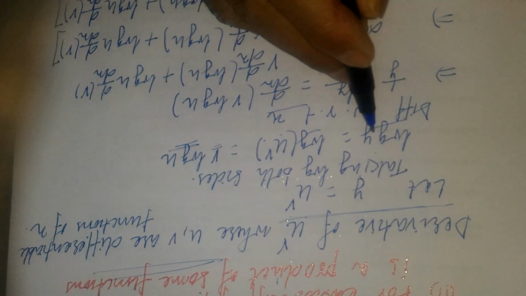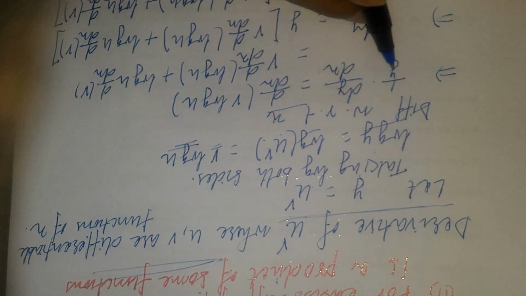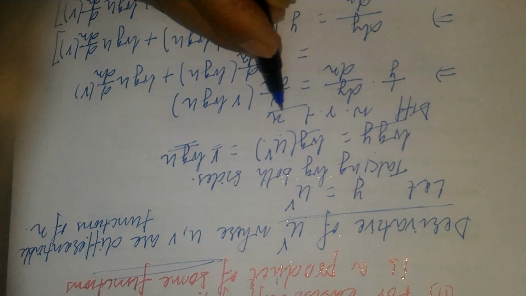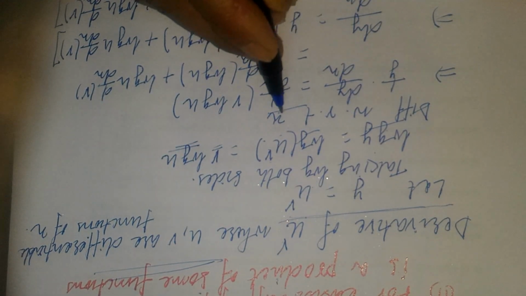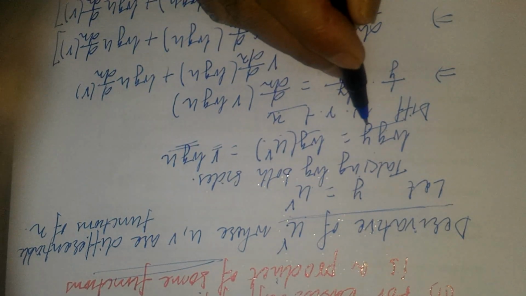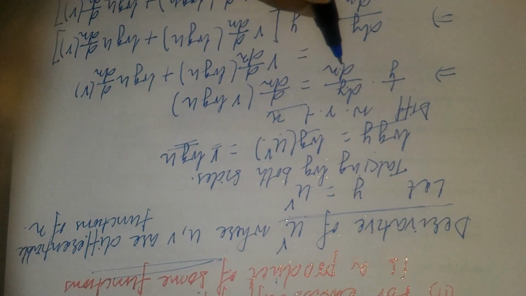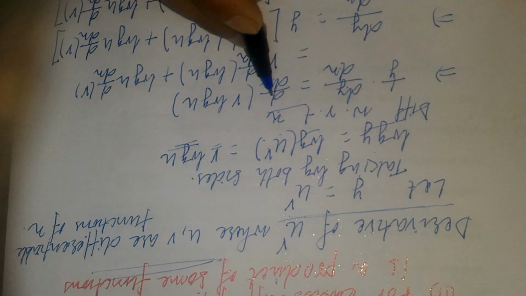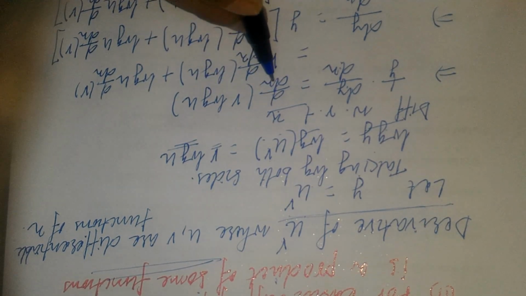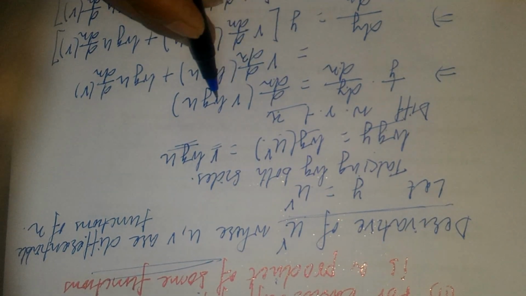The derivative of log y is 1 by y, and since we are differentiating with respect to x, we write dy by dx. On the other side, we differentiate d by dx of v log u.